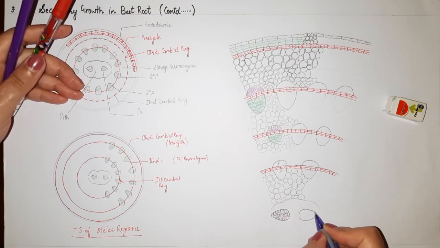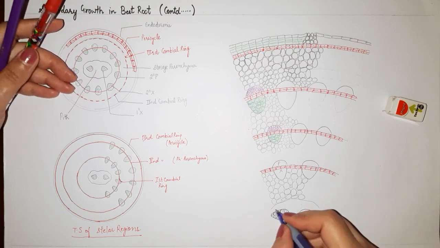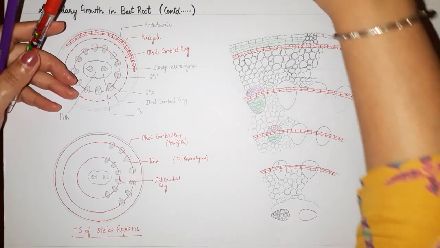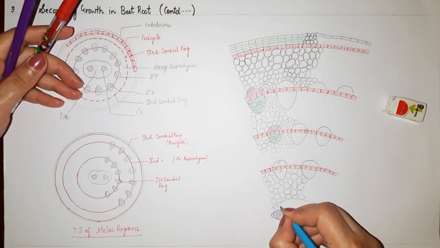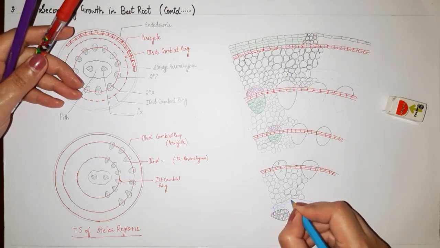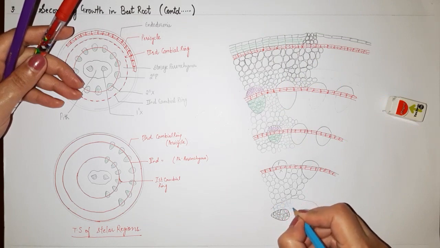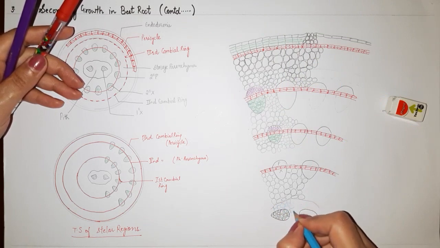In a similar way, you can complete this bundle as well. And this in between zone, that can be made polygonal or circular. You can draw it any way.